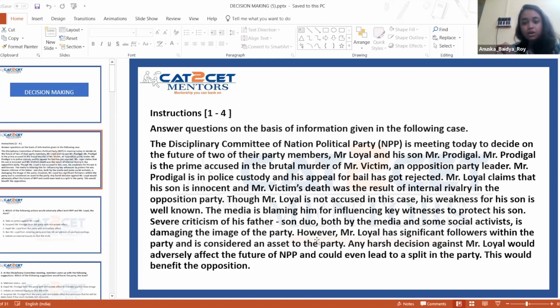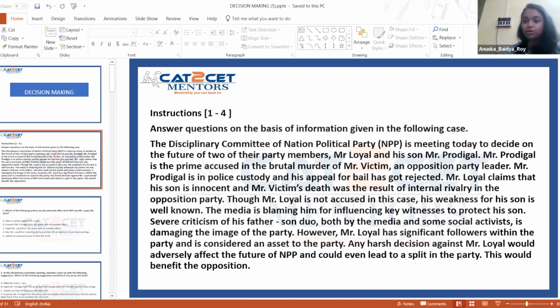However, Mr. Loyal has significant followers within the party and is considered an asset to the party. So the party cannot just let go of Mr. Loyal because he's an asset to the party. He has a number of followers within the party. Any harsh decision against Mr. Loyal would adversely affect the future of NPP and could even lead to a split in the party. So if we go against Mr. Loyal, what will happen?